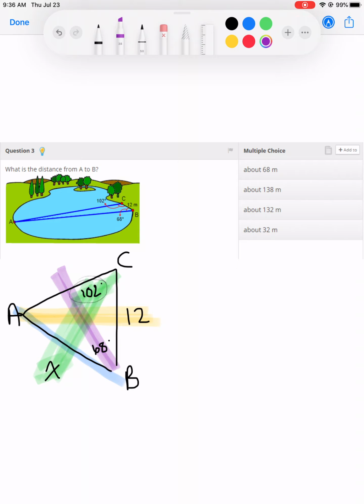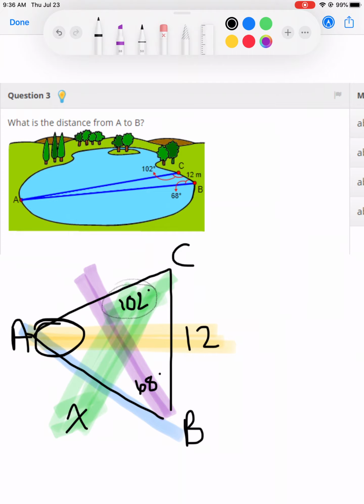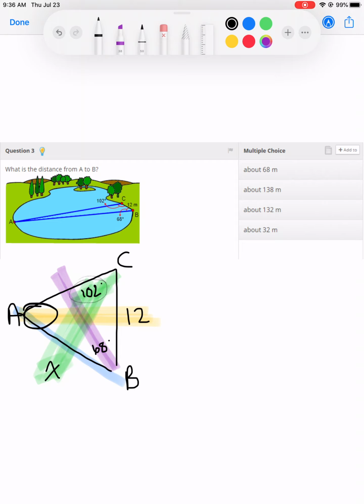So you can either solve for this angle or solve for this side, and then we can use sine law. Solving for this angle would be way easier because all you have to do is 180 minus 102 minus 68. Okay, so that's 10.